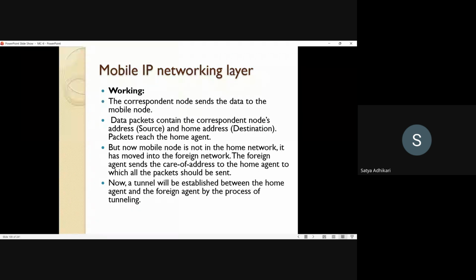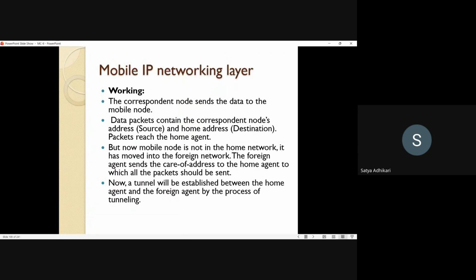We are not dropping the communication while we are leaving one network and entering another. So there is no loss of communication. We can continue our communication because of this protocol, mobile internet protocol.